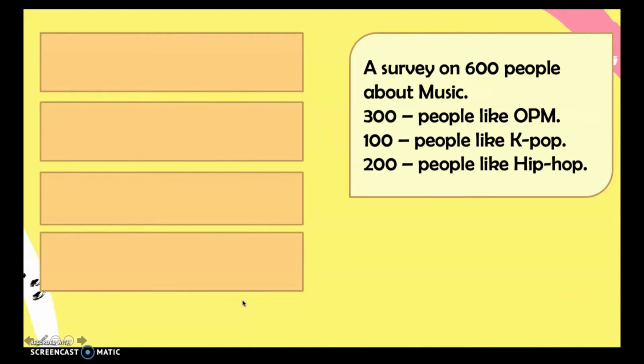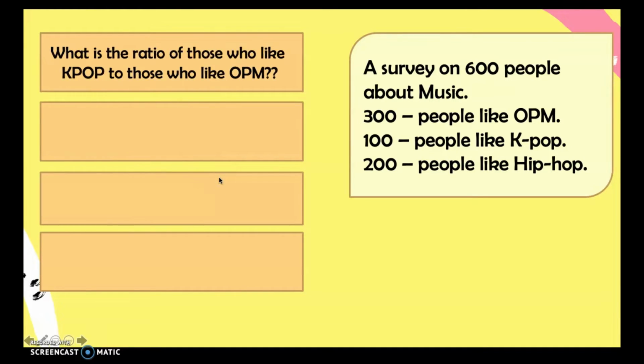Let's answer with the same scenario with different questions. We have here first, what is the ratio of those who like K-pop to those who like OPM? So it is mentioned in the given question, we have K-pop to those who like OPM. So we need to write first the K-pop, which is 100, to those who like OPM, we have 300.